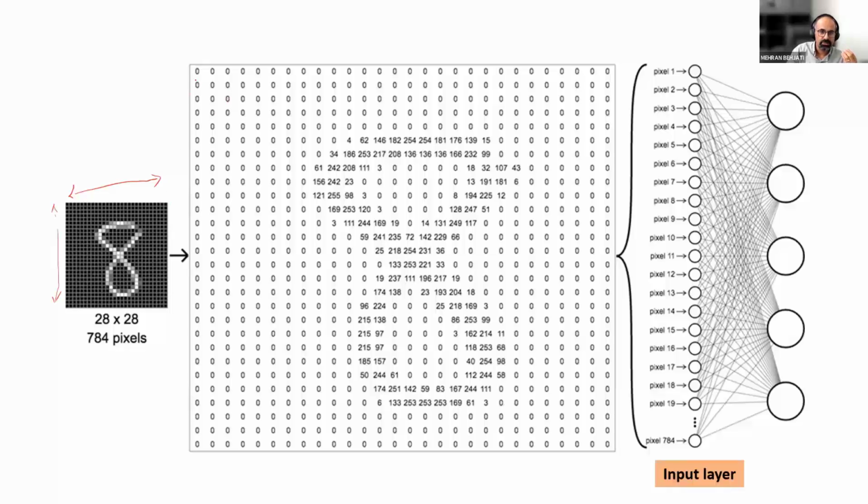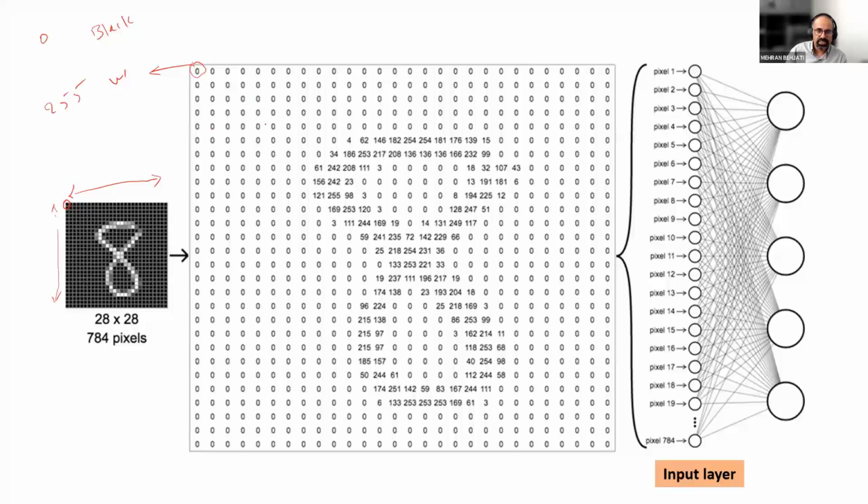So we convert it to a matrix, where each element of the matrix corresponds to the value of that particular pixel. For example, if this is our first pixel, its corresponding value is a 0. We assume that this image is black and white, where 0 is for black, and for example, 255 for the white color.